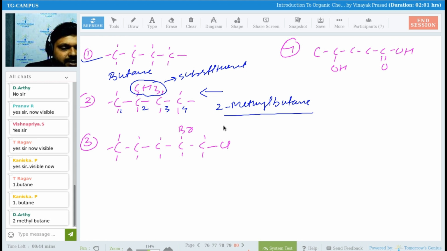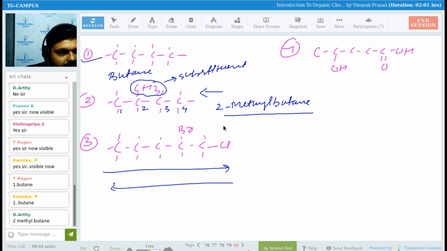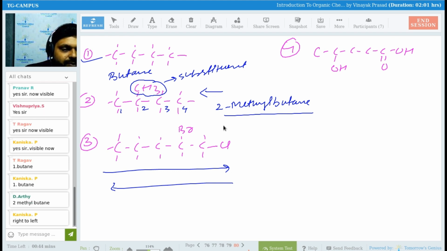Very good answer that we are seeing. Now, how will we be counting this? We should count from left to right or right to left? Who will be telling me? See guys, from where you will be getting the least locant, that is the least number for the substituent or functional group, from that side we have to start our counting. So we should start our counting from right to left. Why right to left?